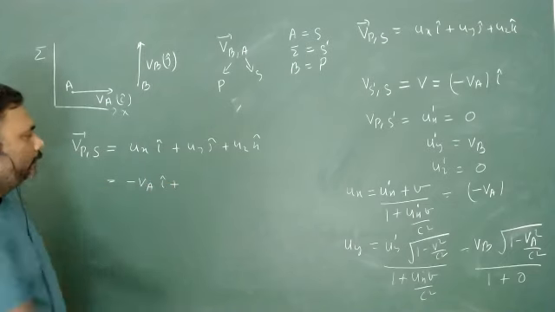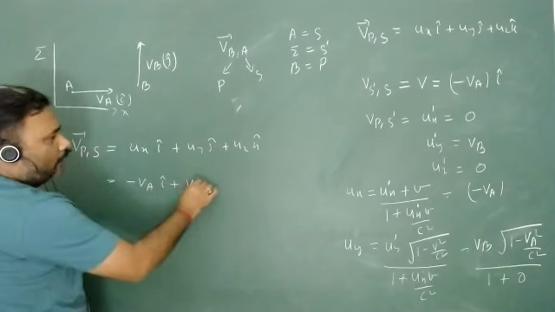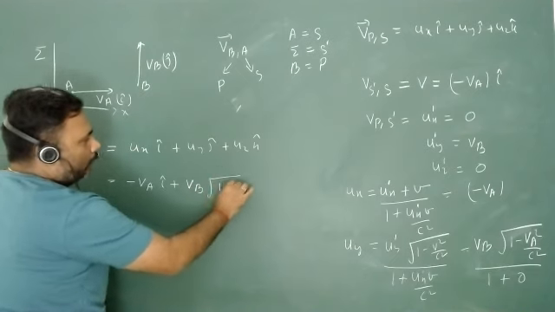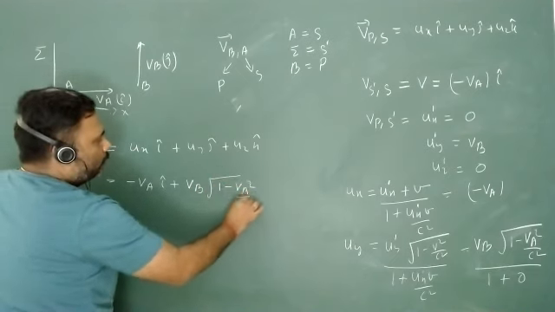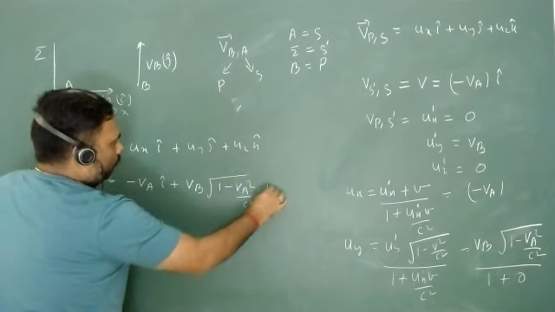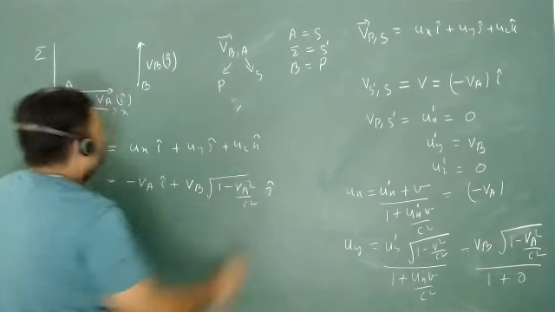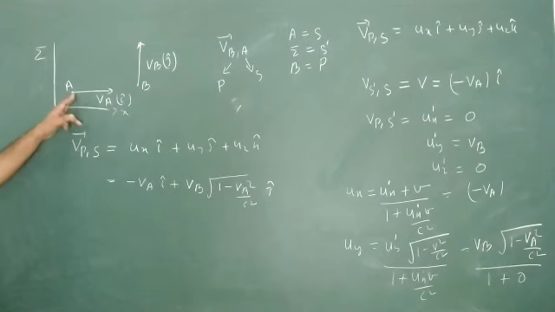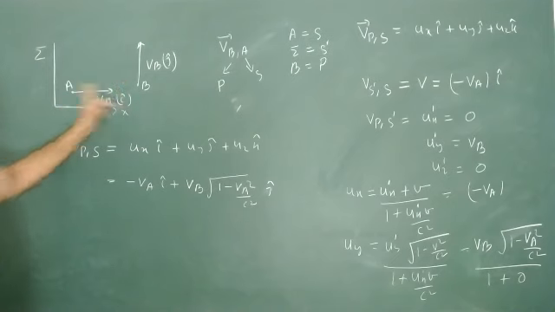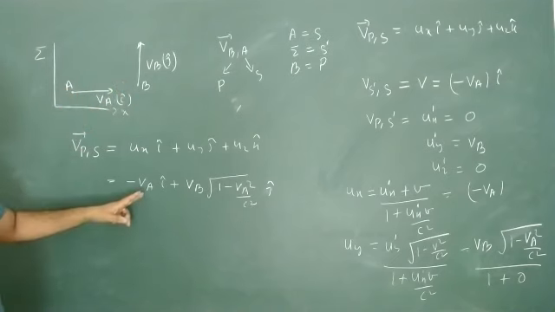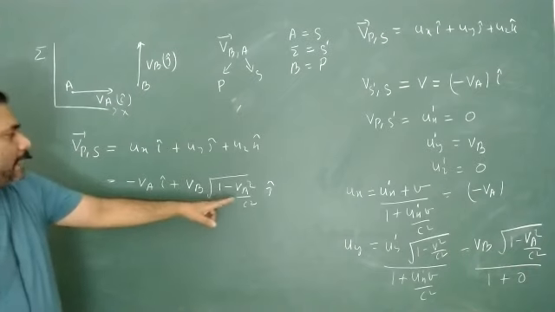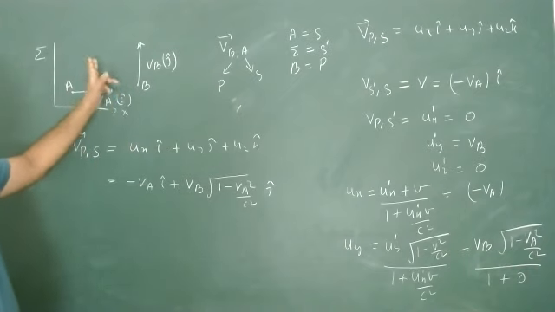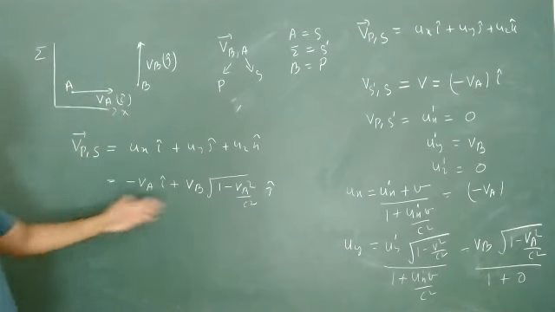What is ui? vb root under 1 minus va square upon c square, and this is in j cap direction. So with respect to this, the particle will appear something like this, isn't it? It has two components, one ith component as well as another jth component. The ith component is in the negative side and the jth in the positive side.